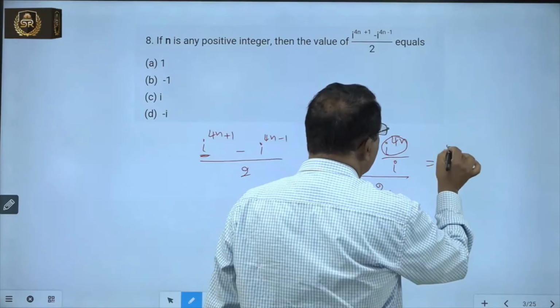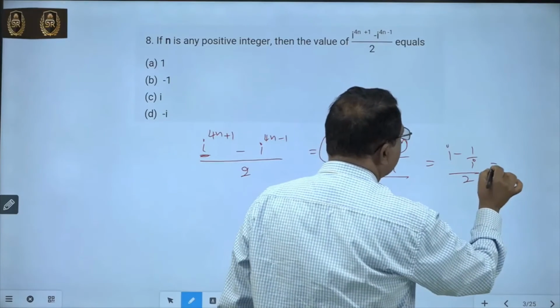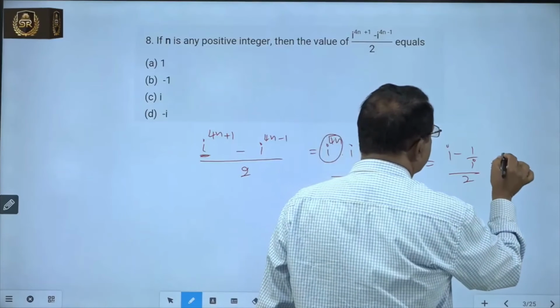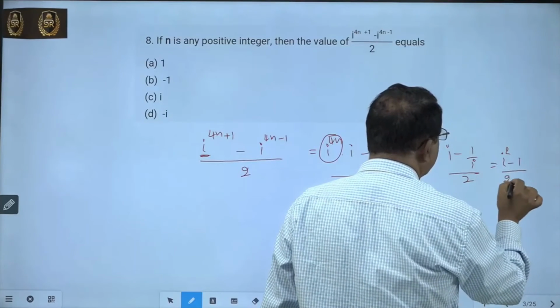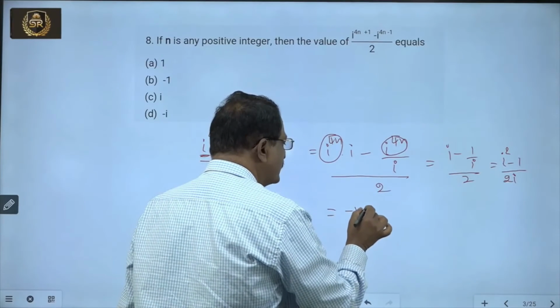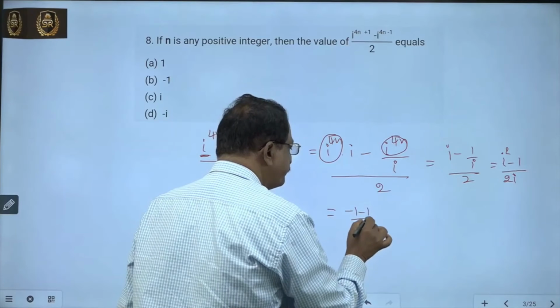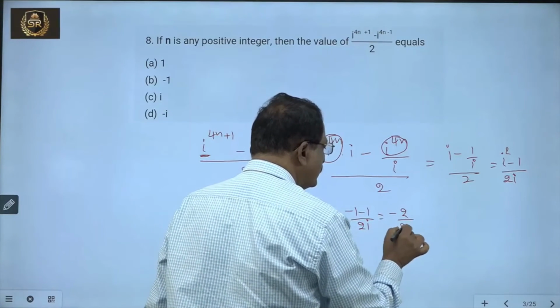That equals i minus 1 by i, by 2. Take LCM, we get i square minus 1 by 2i. But i square equals minus 1, so minus 1 minus 1 by 2i, that equals minus 2 by 2i.